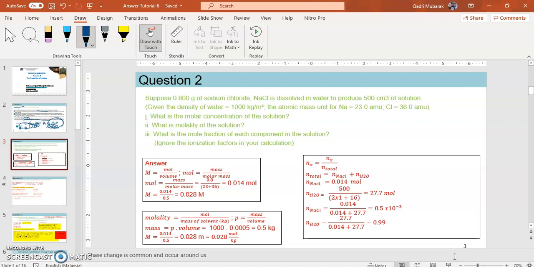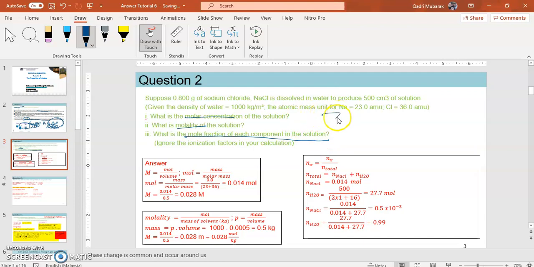AMU stands for atomic mass unit. Cl is chlorine. Given the molecular mass is 36.0 AMU. So the question asks us about the molar concentration, the molarity, and the mole fraction of each component of the solution.